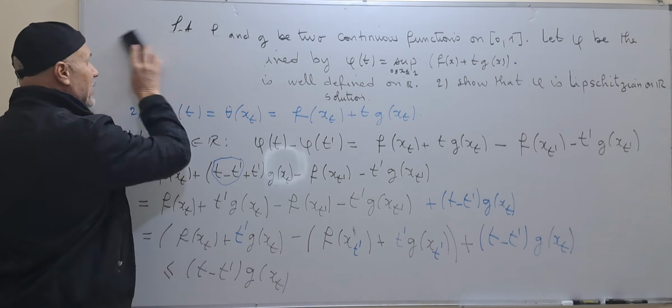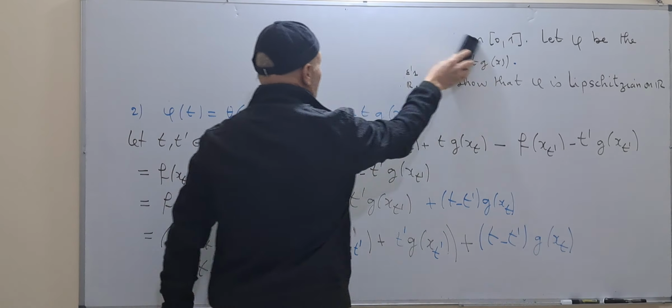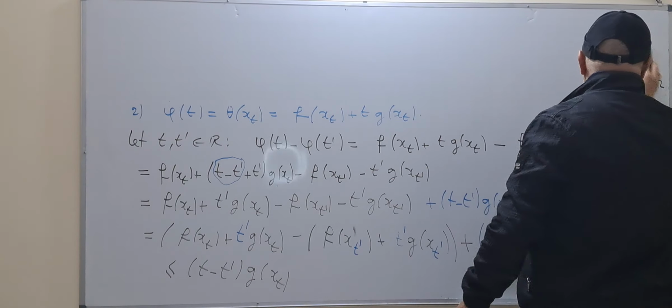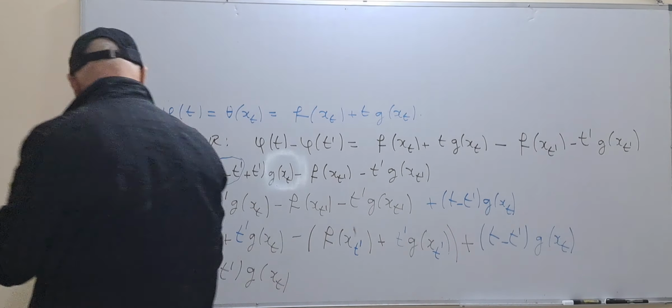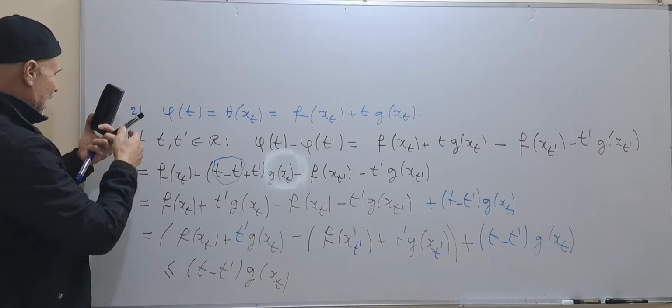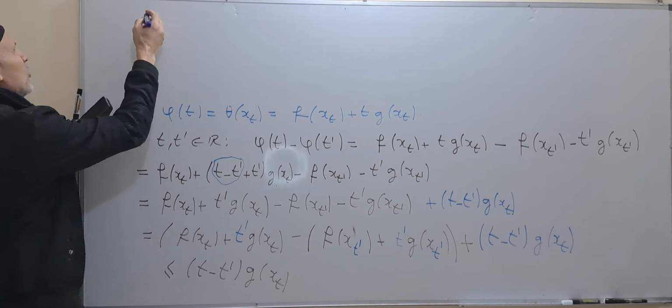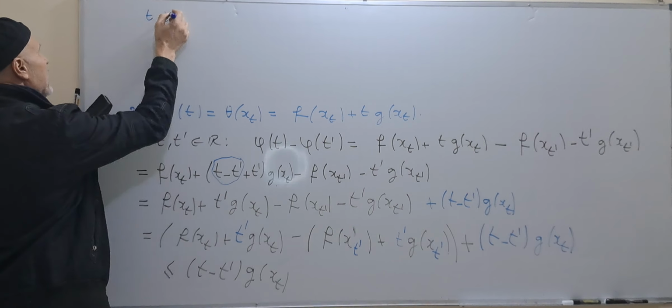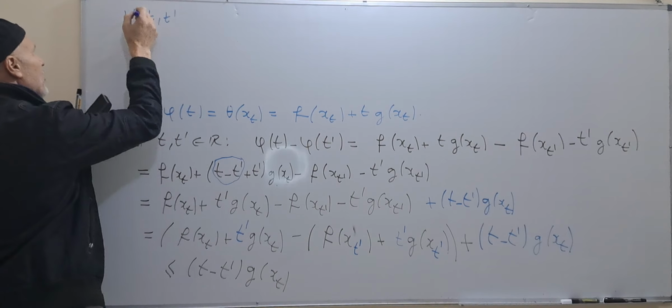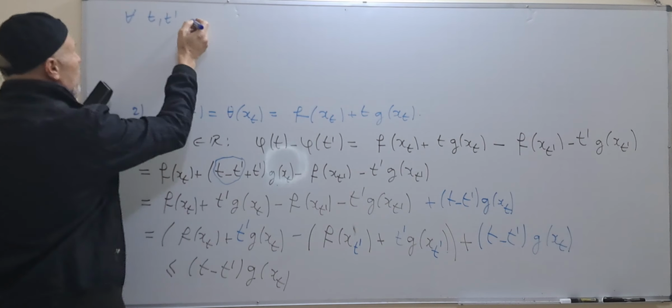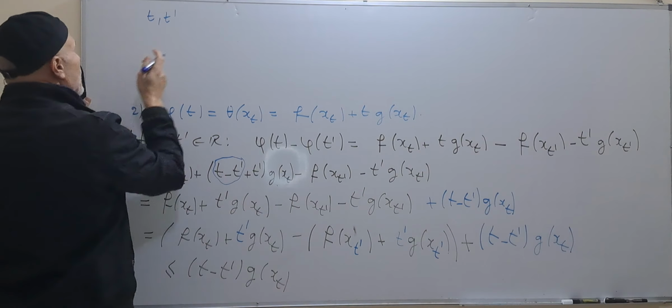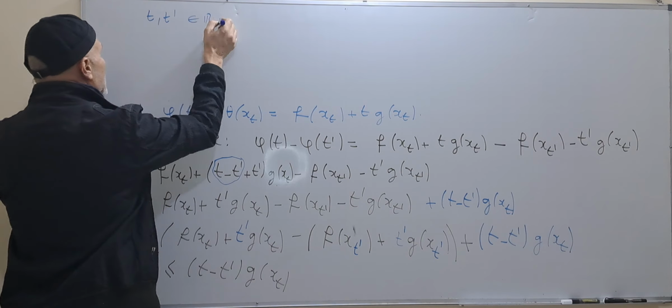I think that I can use this part of the whiteboard. For t and t prime, for all t and t prime from R, we have what?